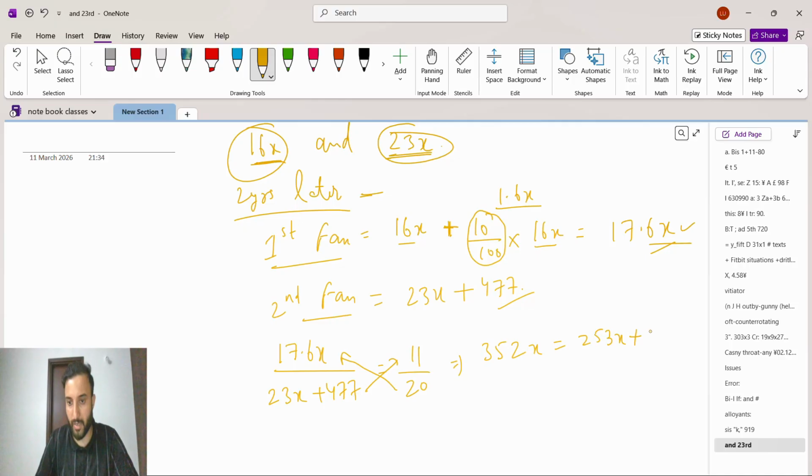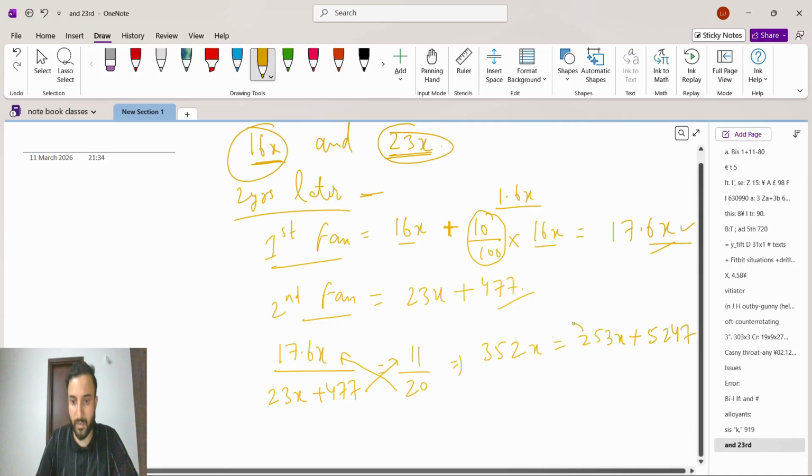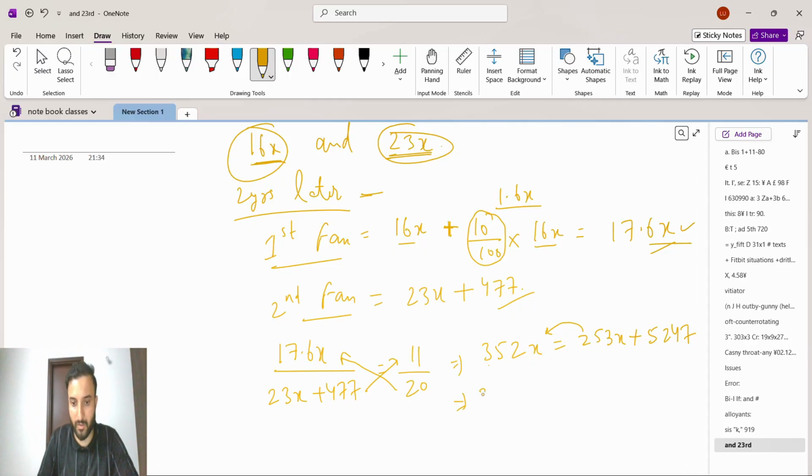You will get 5247. Now I will send this x to this side. This side is already 352x. This plus will come this side, will become minus 253x equals 5247. So 352 minus 253, you will get 99.